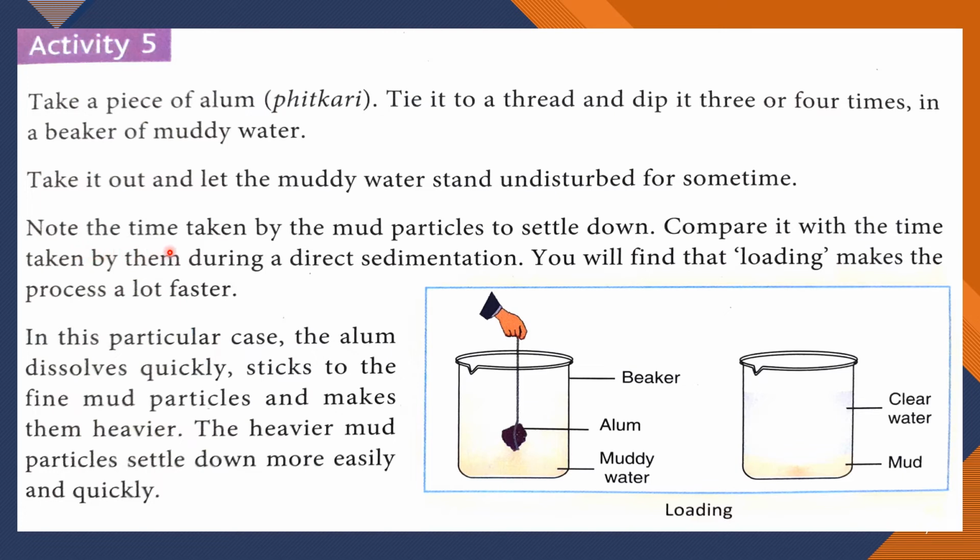Note the time taken by the mud particles to settle down. Compare it with the time taken by them during a direct sedimentation. Students, you will find that loading makes the process a lot faster.